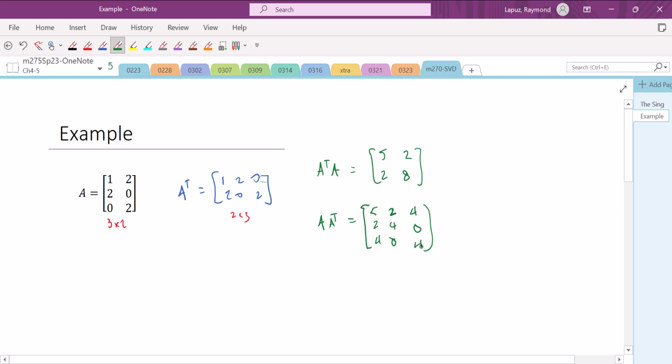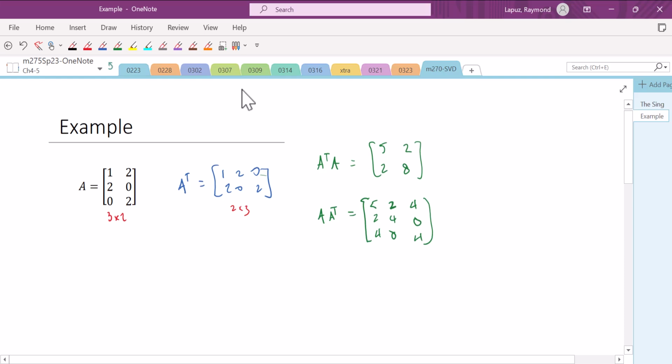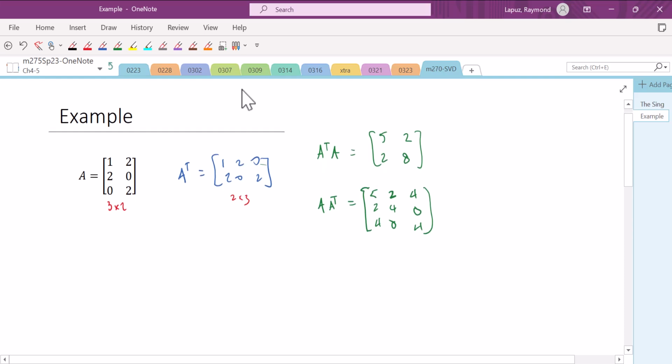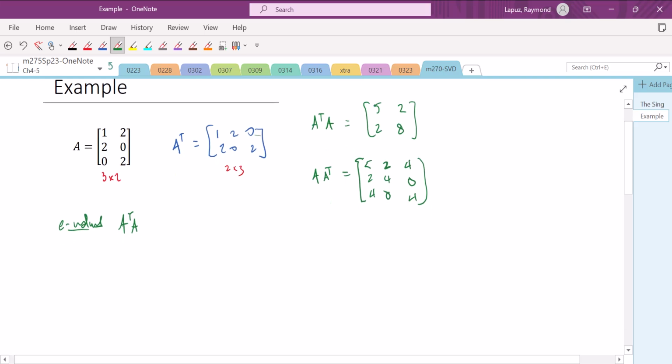All right, so we can find the eigenvalues and eigenvectors of each of these. Let us find the eigenvalues and eigenvectors for the first one. So eigenvalues for A transpose A, let's do it all by hand from scratch.